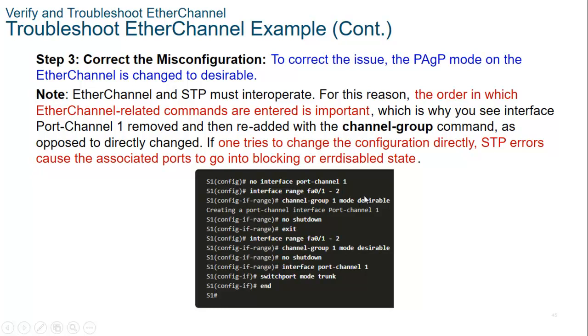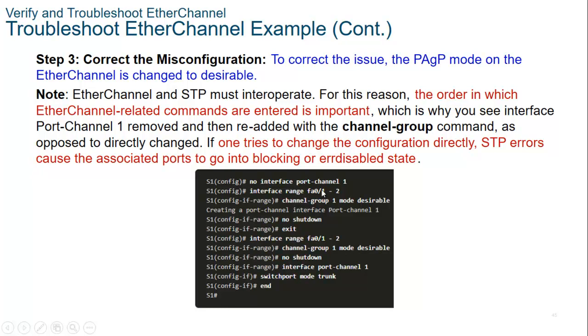Now, one thing that we have to take care of here is that EtherChannel and STP must interoperate. So for this reason, the order in which EtherChannel related commands are entered is important. That is why you have to first delete it and then do a new one, rather than just change it.